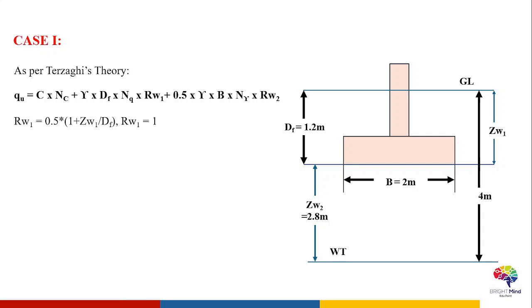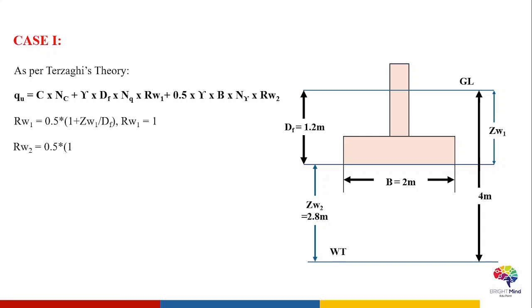Now in this case, the water table is 4 meter below the ground level. Hence, the influence of water table won't be affecting the part of the soil above the base of footing. Hence, we'll take the value of RW1 as 1.